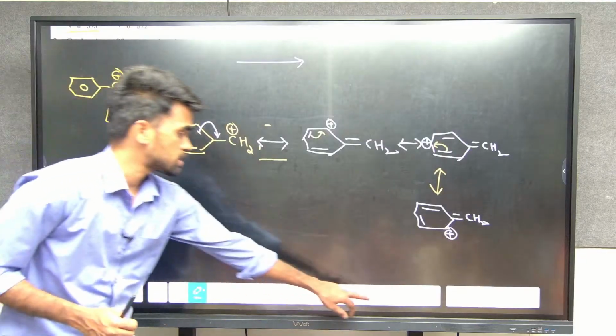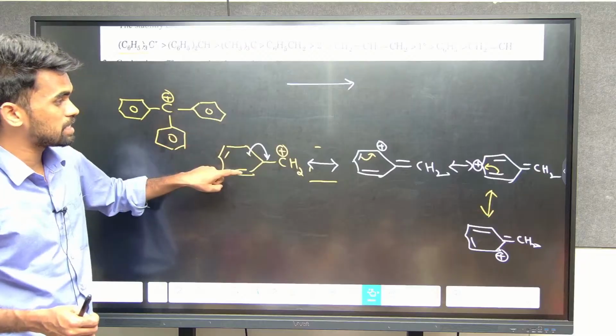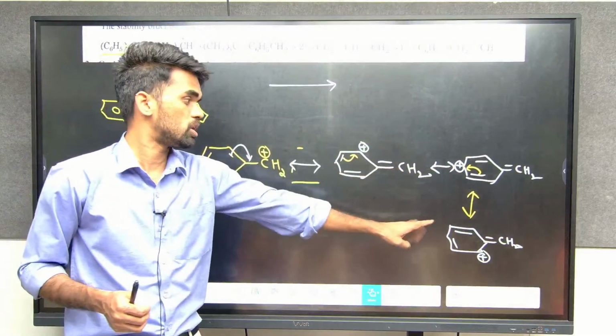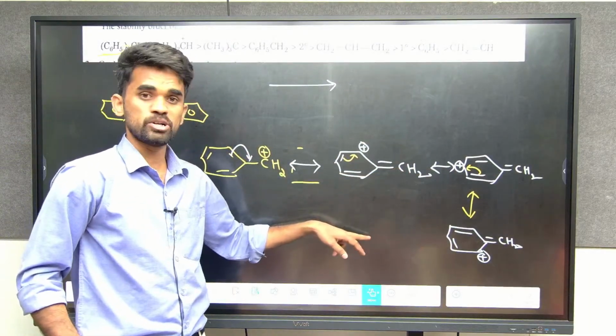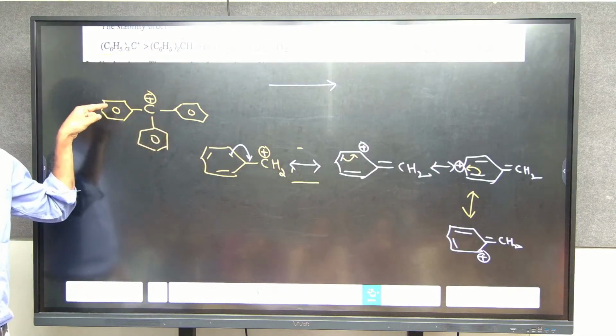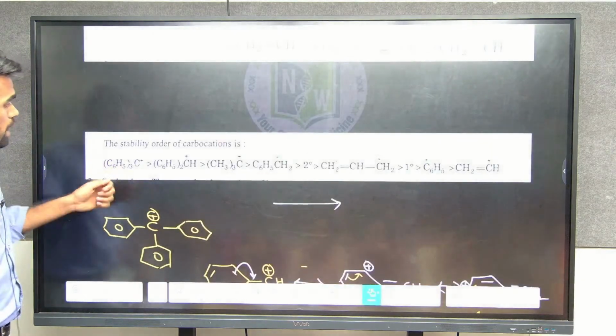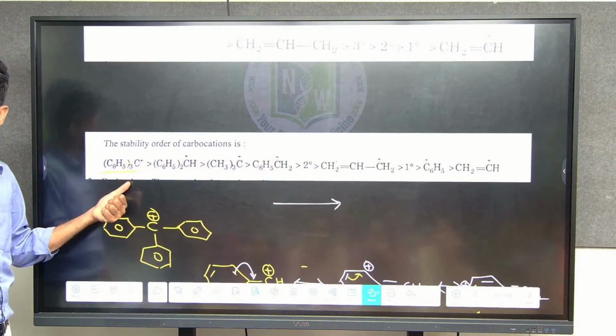Okay, like these conjugations are taking place. See, one phenyl ring is there means like this 3 conjugations, 4 conjugations we have written. The 5th one is also possible. Okay, so like that 3 rings are there. So 3 times it will be stabilized by all these 3 rings. Like this, the carbocation can be stabilized here with the 3 phenyl rings.